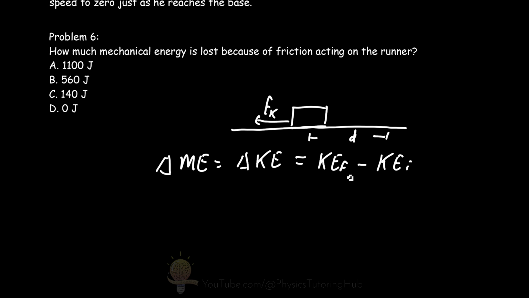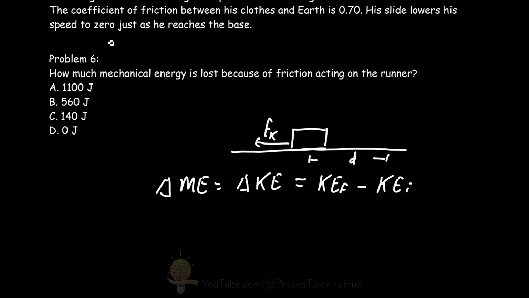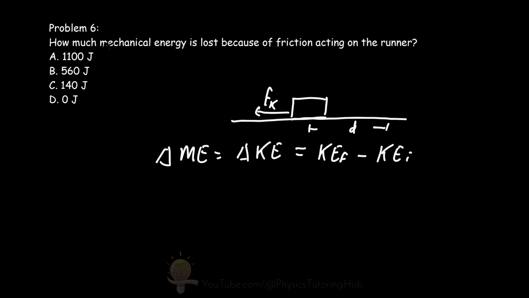We know the final kinetic energy is 0 here because the speed of the runner is 0 in the final state. And the runner is at rest at this moment. So the change in kinetic energy is going to equal this term here, this negative initial kinetic energy. And that will be equal to the change in the mechanical energy in this system.